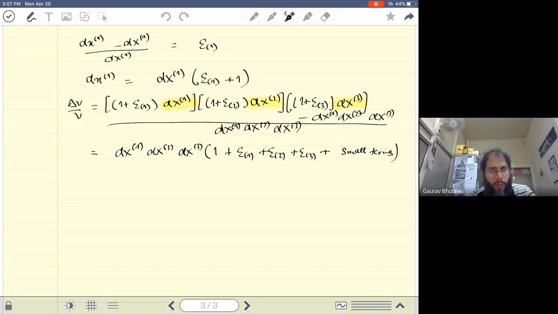So the square of small terms, or the product of two small terms and the product of three small terms, are too small as compared to epsilon 1, epsilon 2, and epsilon 3, and 1. So in fact, you'll see that the 1 will cancel out. That's the reason we can retain epsilon 1, epsilon 2, epsilon 3 in the first approximation. So this 1 gets cancelled out when we subtract the initial volume.